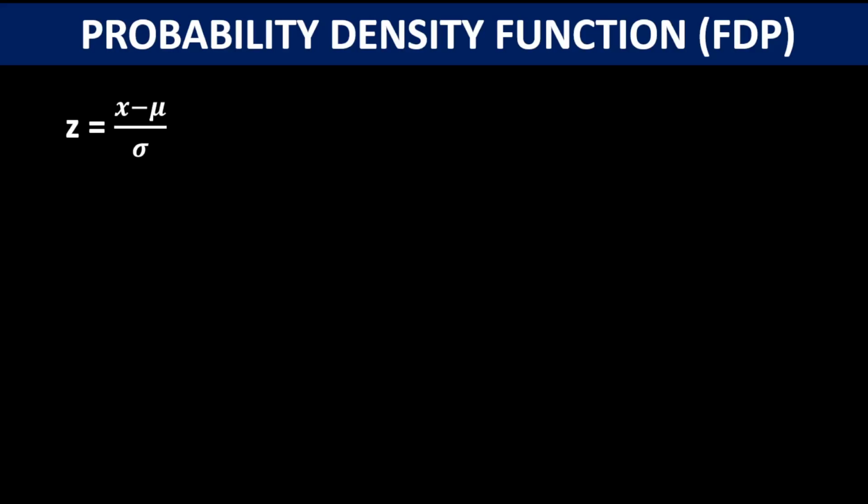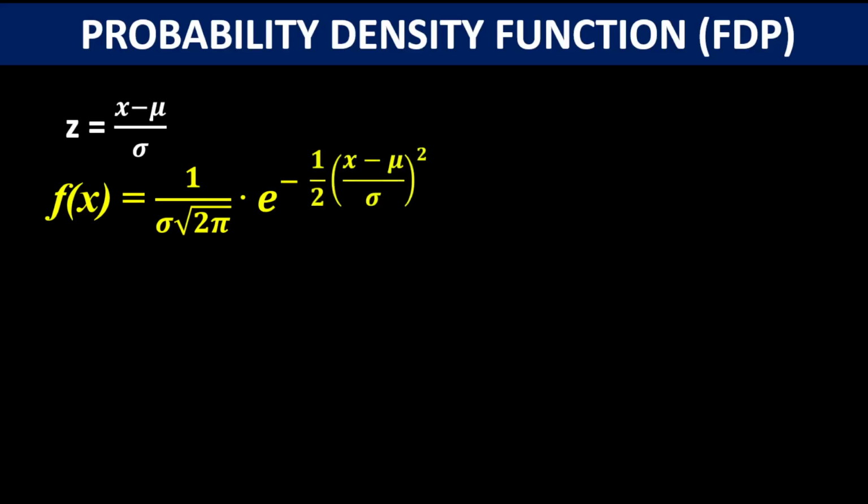In our function, in the probability density function, x minus mu upon sigma is used at the end. In place of x minus mu upon sigma, if z is written, then we have to change this value in the function, where 1 by 2 in bracket x minus mu upon sigma whole square will become z square upon 2.